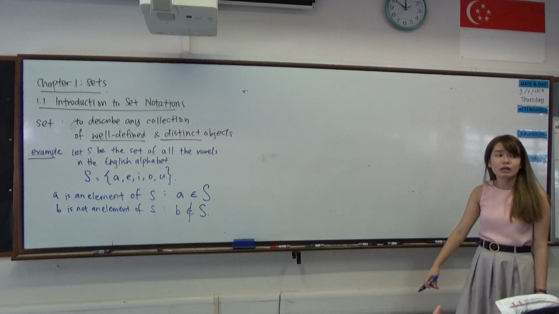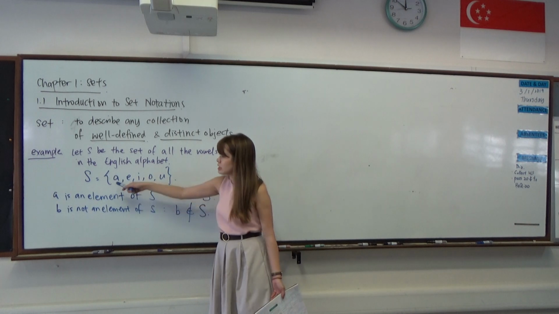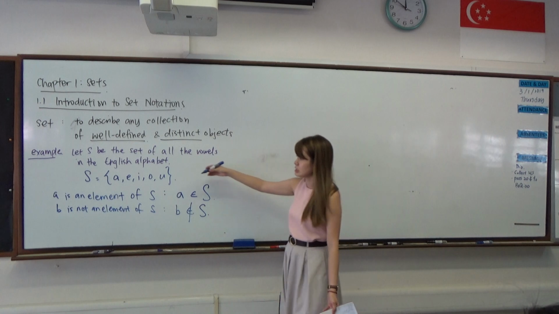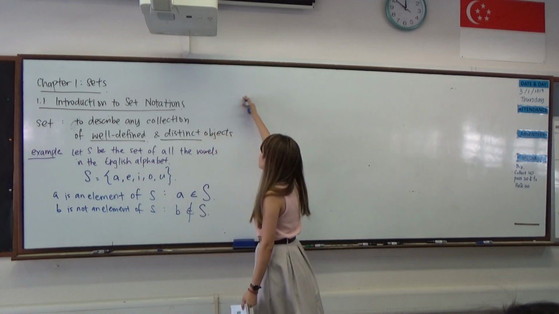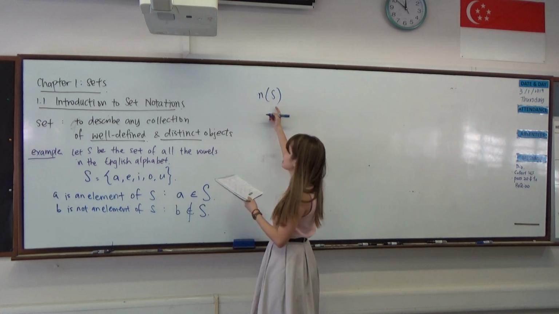And then after that, it is important for us to also know the number of elements in the set. So the number of elements in this set is 5. Okay, there are 5 different elements inside the set. Okay, so a notation to represent that would be n(S).